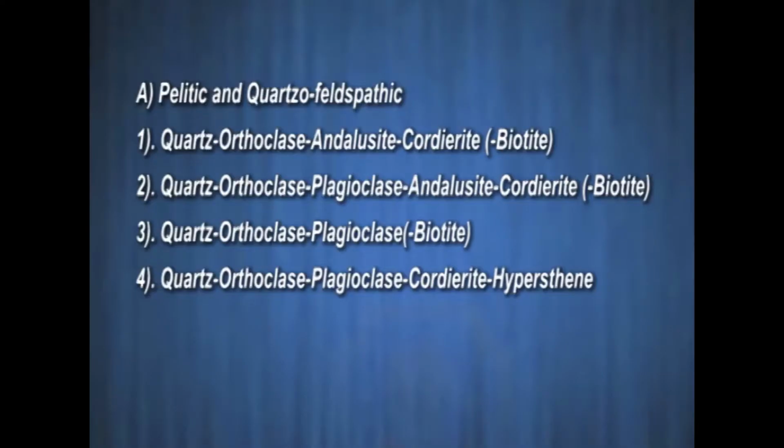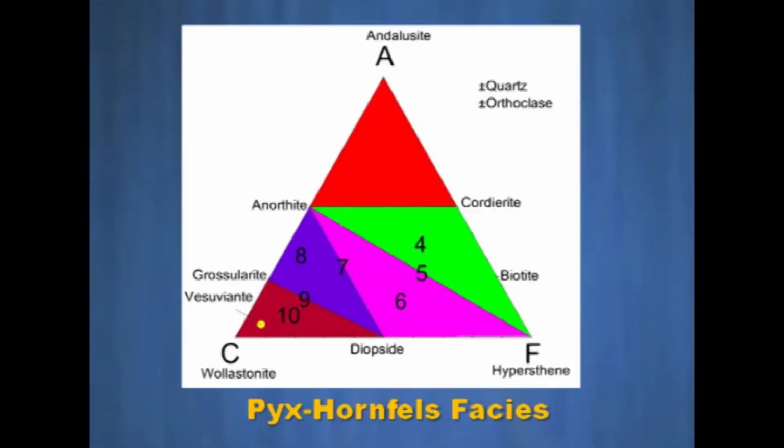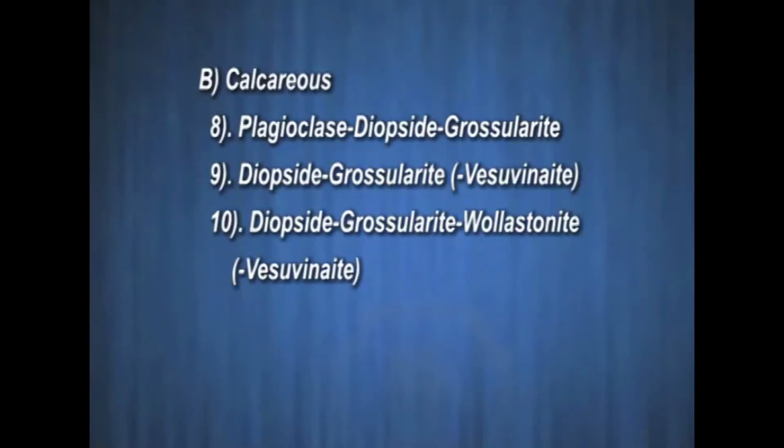Fourth is quartz, orthoclase, plagioclase, cordierite, hypersthene. And now another important calcareous assemblage, that is plagioclase, diopside, grossularite, and diopside, grossularite, wollastonite.